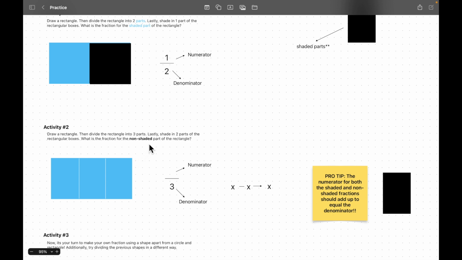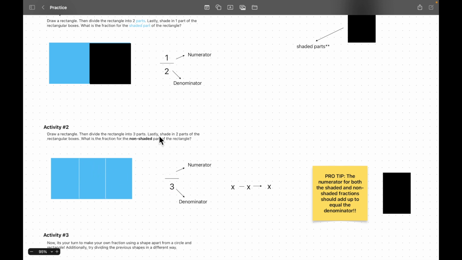Okay, so then 3 would be our denominator, right? It says divide the blank shape, and the shape is rectangle, into blank parts. 3 parts. So that helps us to determine our denominator, which is 3. And you can count it yourself as well. 1, 2, 3. 3 parts of this rectangle. Okay.